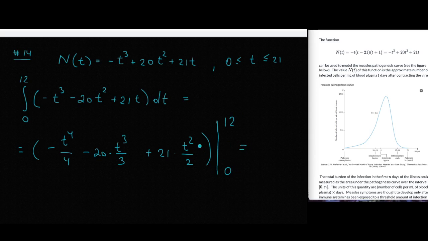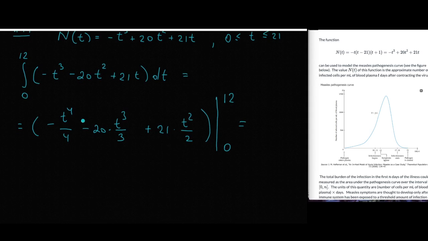Now, when we plug in t equals 0 into this formula, we're going to get 0. So the only thing that we need to really calculate here is the value when t is 12. And so we're going to get negative 12 to the fourth over 4, minus 20 times 12 cubed over 3, plus 21 times 12.